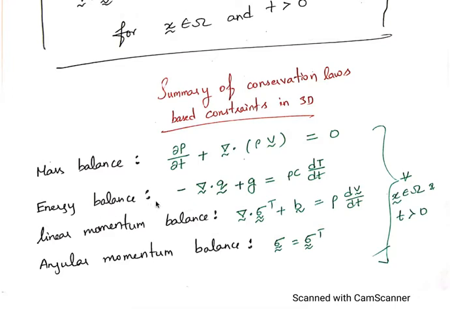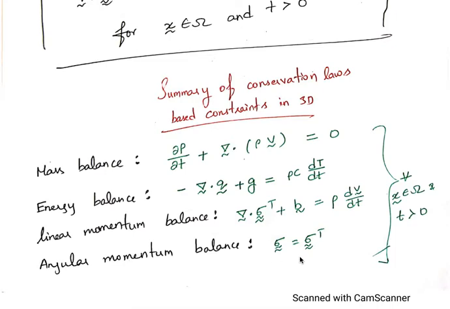For energy balance, minus divergence of heat flux plus heat generated per unit volume per unit time must be equal to density times specific heat times material time derivative of temperature with respect to time. Linear momentum balance and angular momentum balance I just covered.